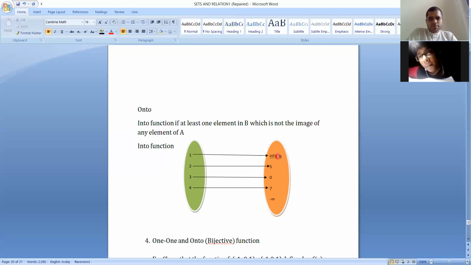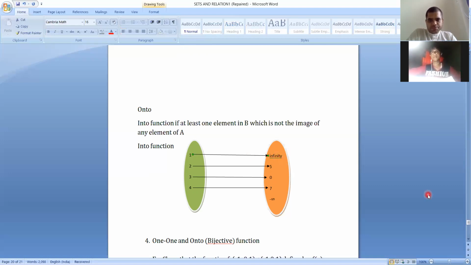This I just gave as an example. So if 1 does not have an image, is it still an onto function?